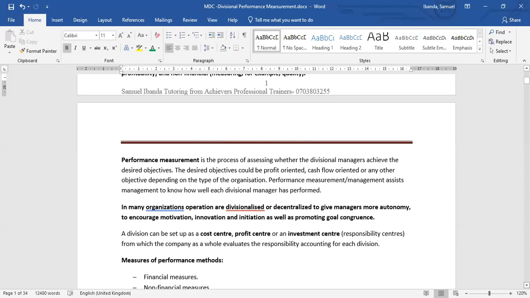It means that costs are not part of their evaluation, and that's why we're calling it a revenue center. It can also be a profit center. A profit center is where a branch is responsible for both the revenue and expenses, okay?